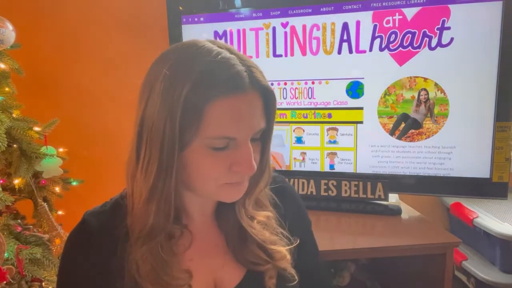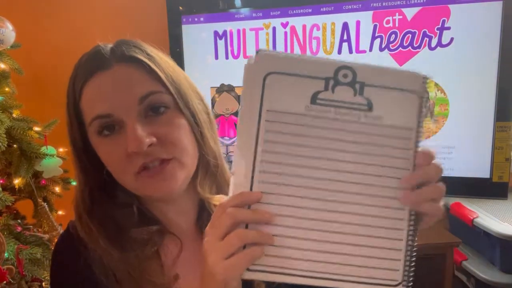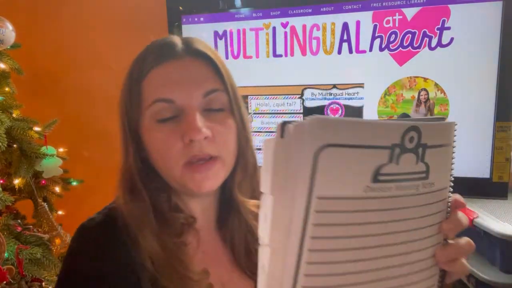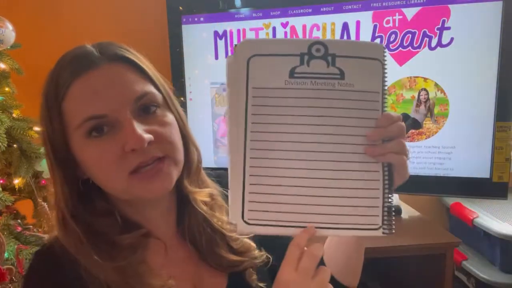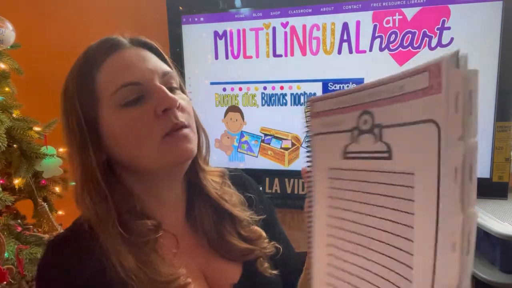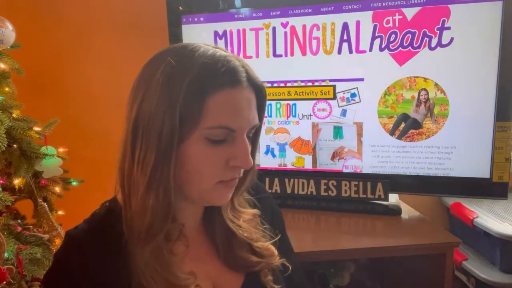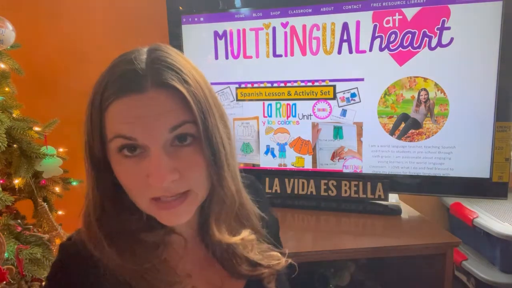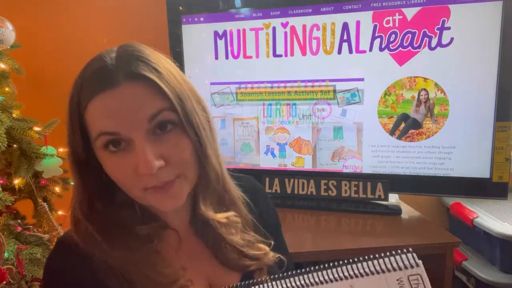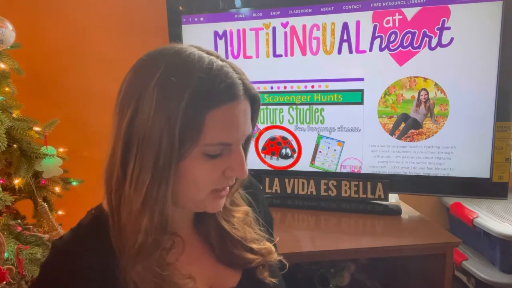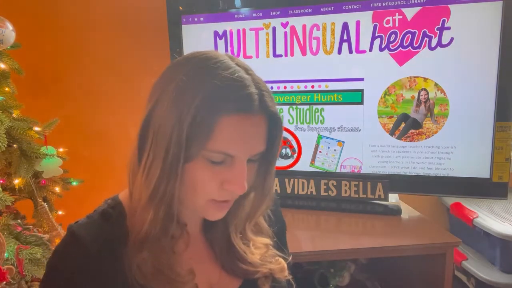The second thing is we have divisional meetings every week, and this is where I take notes for that. Then we have a faculty meeting every month, so that's where I take notes on the big important things to be aware of for that month. Then there is this at a glance calendar.